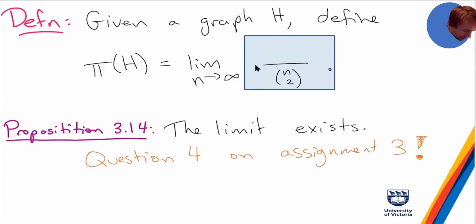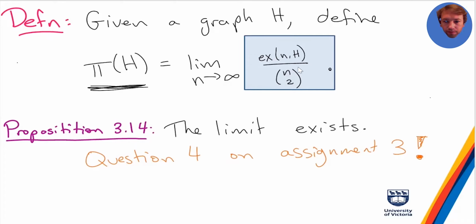So, I said we're going to be looking at things asymptotically as n goes to infinity. Here's a definition that captures that. If I have a graph H, I'm going to define pi of H to be the limit as n goes to infinity of Ex(n, H) over n choose 2.